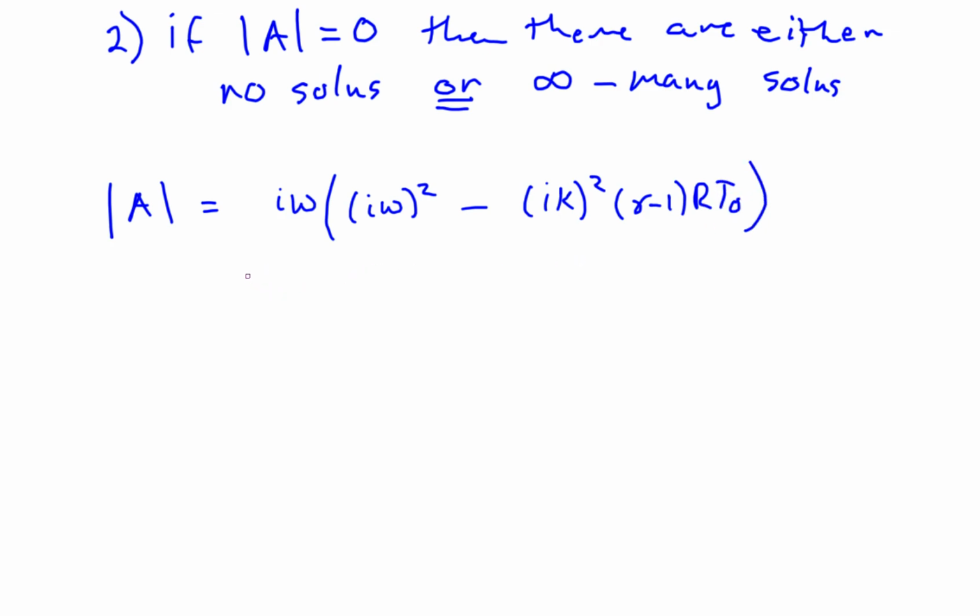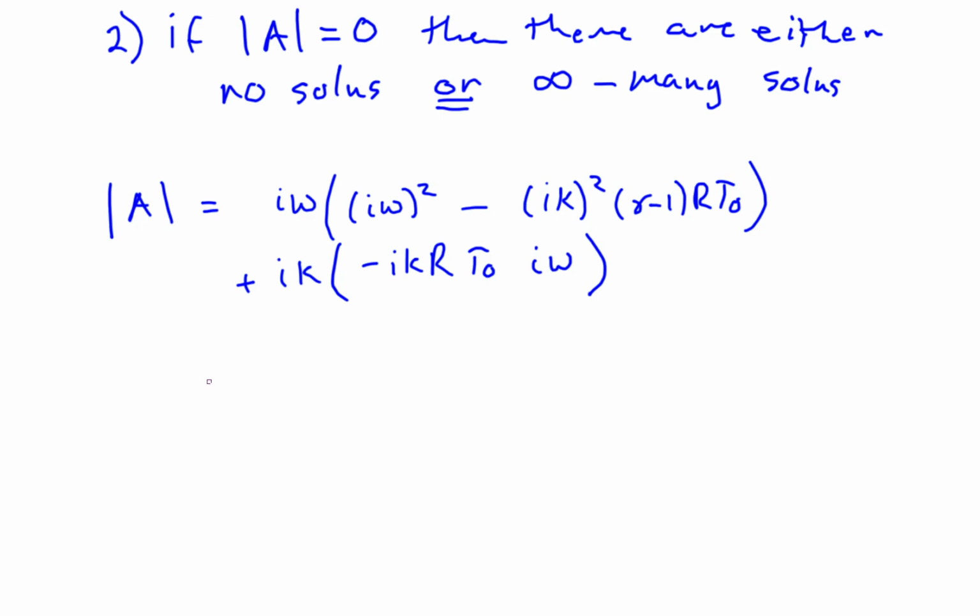That's our first subdeterminant. And then our second subdeterminant comes in as i k times the quantity minus i k R T0 times i omega.